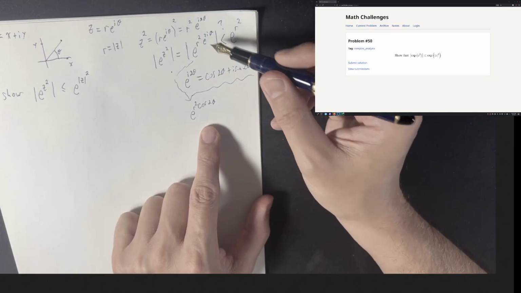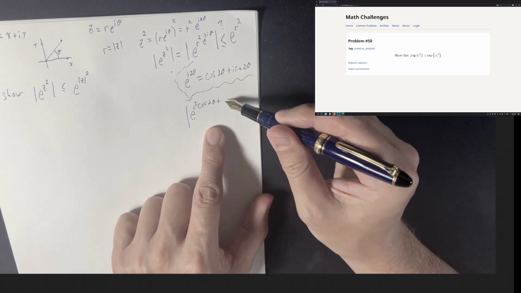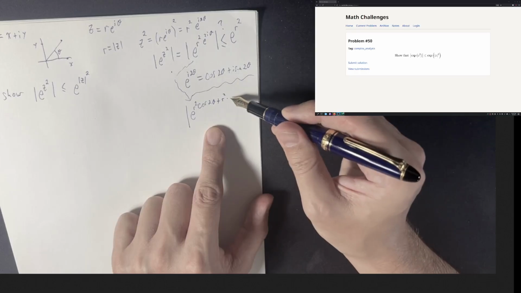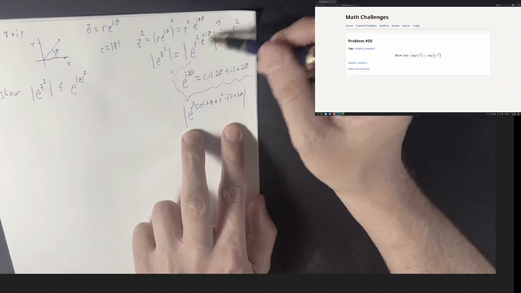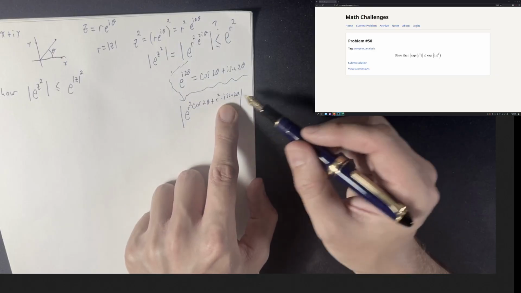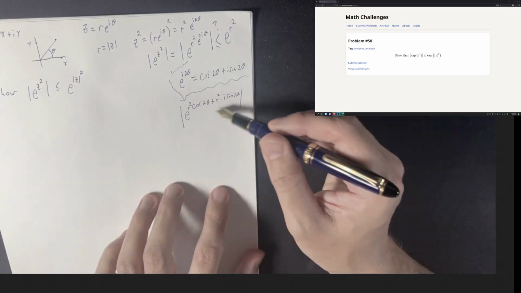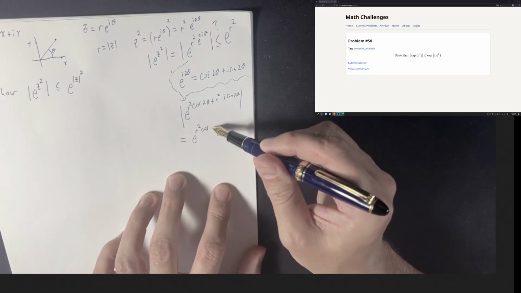So I realize I'm probably glossing over a little bit. We were taking the magnitude of this, and I've got r squared times i sine 2 theta. So this whole thing is our left-hand side. But I'm saying e to the i whatever, that magnitude is 1. So what you're looking at here really is just this part out front, e to the r squared cos 2 theta.